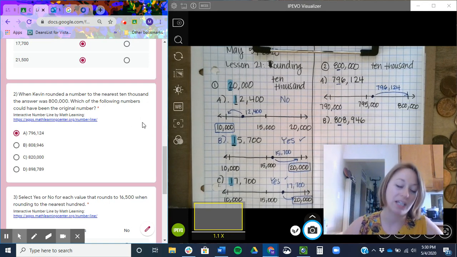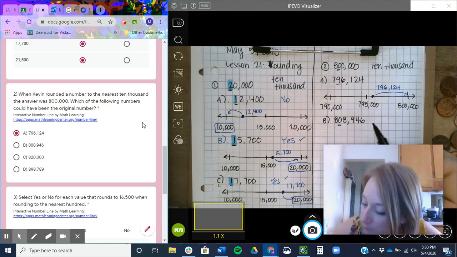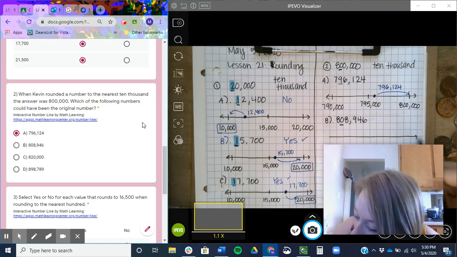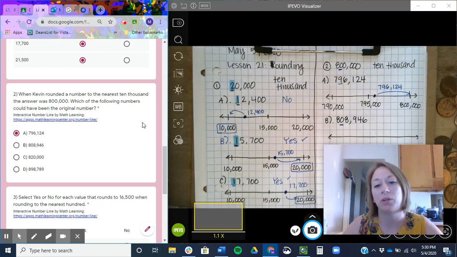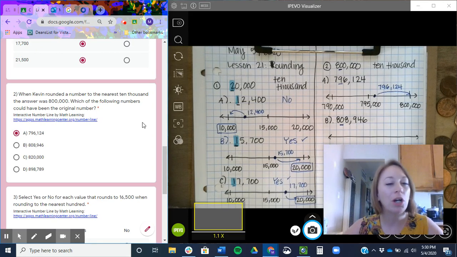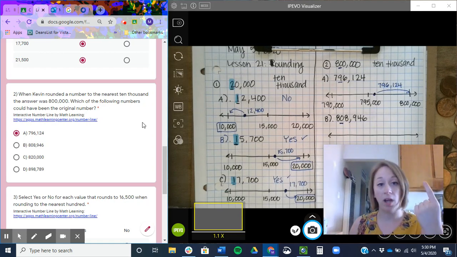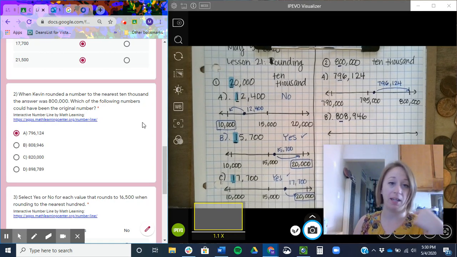The 10,000s digit is 0. Thinking about the work that we just discussed from the previous choice, does that mean that there's no 10,000s in this number? No. Again, it is simply a placeholder. It just means that once we make it to 10,000, we'll be able to change that digit to a 1, and then when we make it to 20,000, a 2, and so on and so forth.